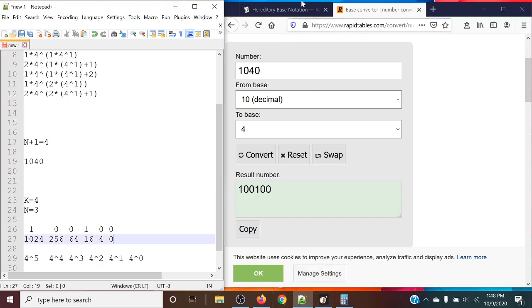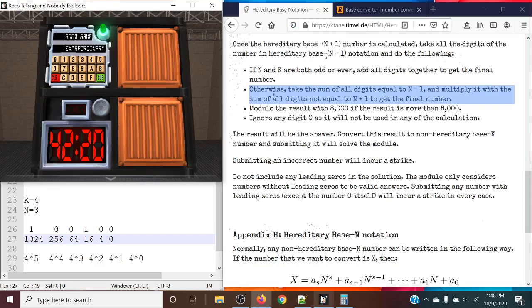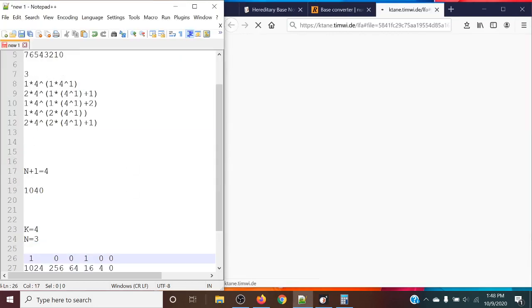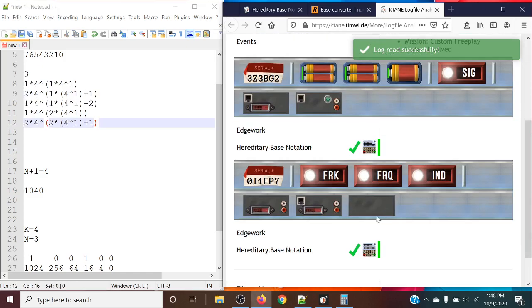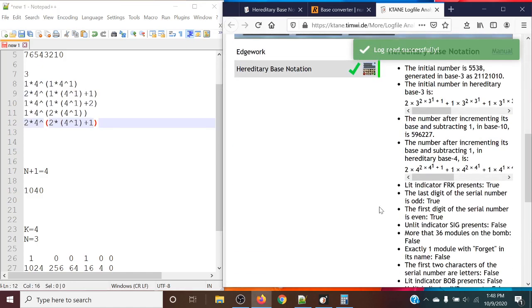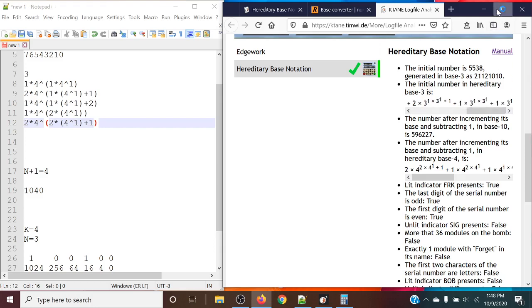Now I'm going to pull up the log file one more time just to give you an example of how this logging looks, because this is one of the weirder versions of logging that you'll get, or one of the weirder versions of hereditary base notation that you can get. So taking a look here, as you can see, we have gone through here. So this would be, let's start from the end.